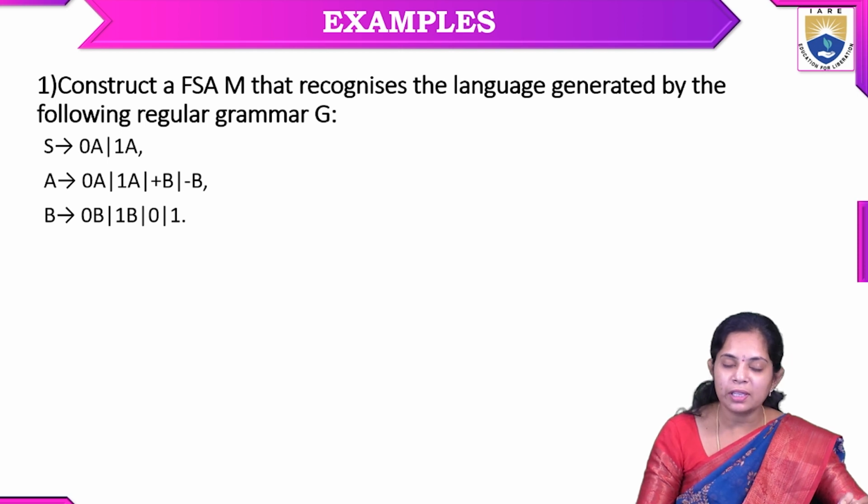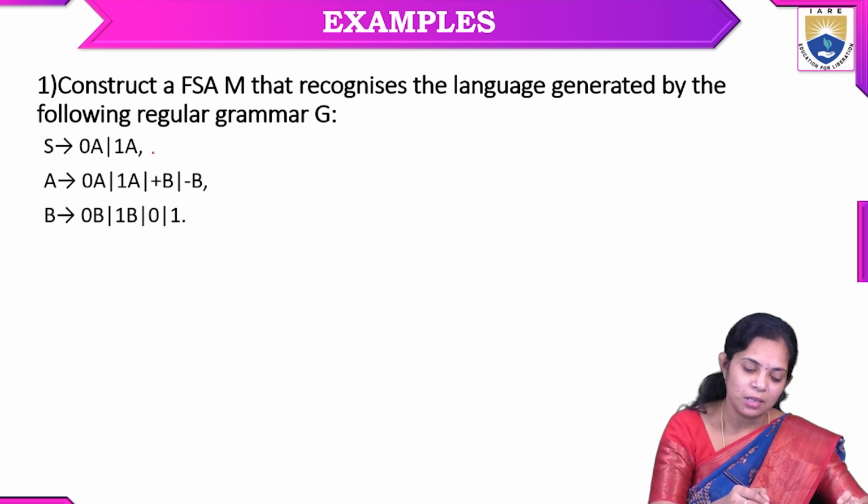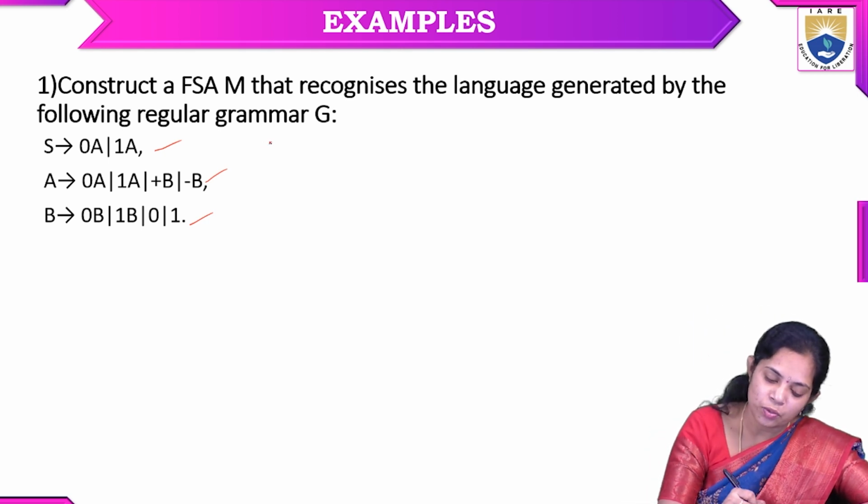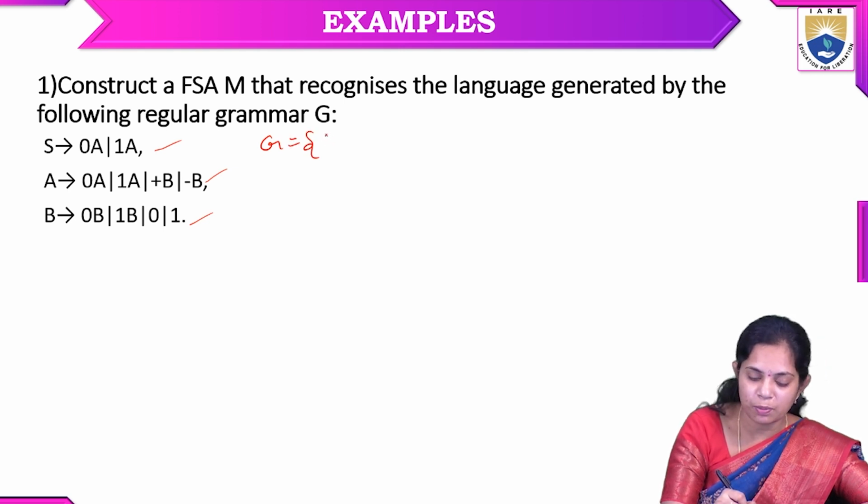So here we have taken the example. It contains 3 production rules, so let us write the tuple for this grammar. The grammar contains how many tuples? 4 tuples. What are those 4 tuples?